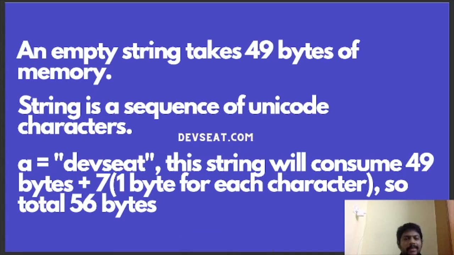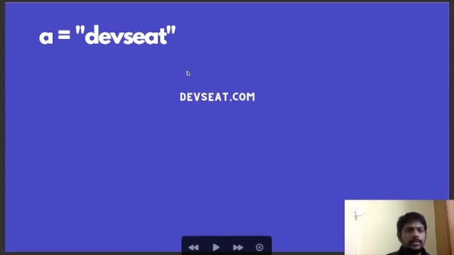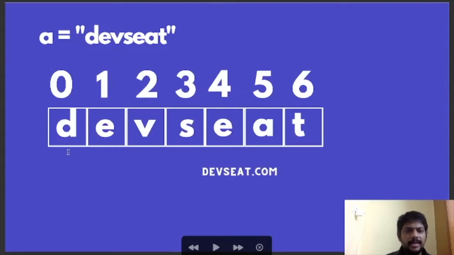So the total will be 49 bytes for the empty string and 7 more bytes for the 7 characters. That is 49 plus 7 equal to 56 bytes consumed for the string a equal to 'devseat'.